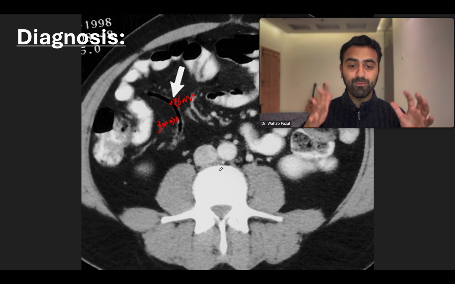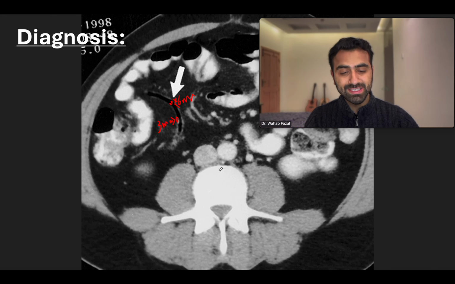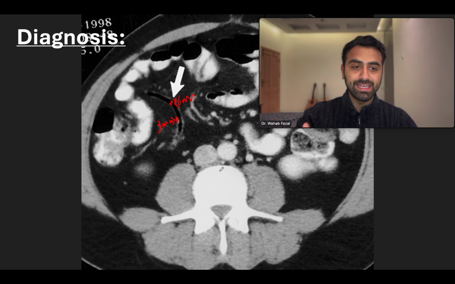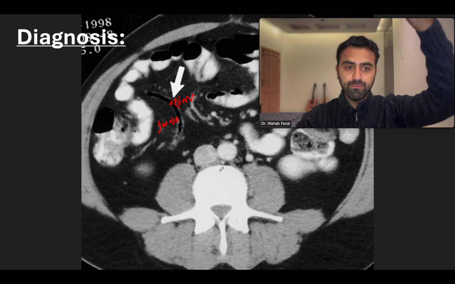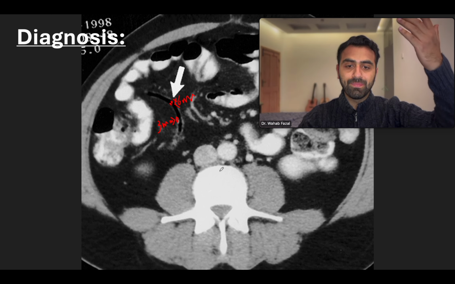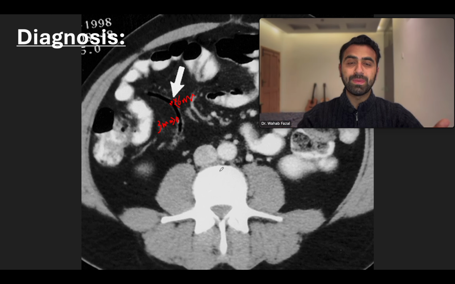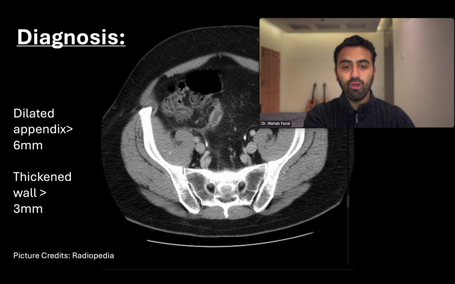And remember, what view of a CT is this? This is an axial CT, meaning the person is lying down and you have cut through cross-sectionally, and you're standing at the patient's foot end, and this is the left side and this is the right side. Now let us look at a CT of a person with appendicitis. Again, this is the left side and this is the right side.